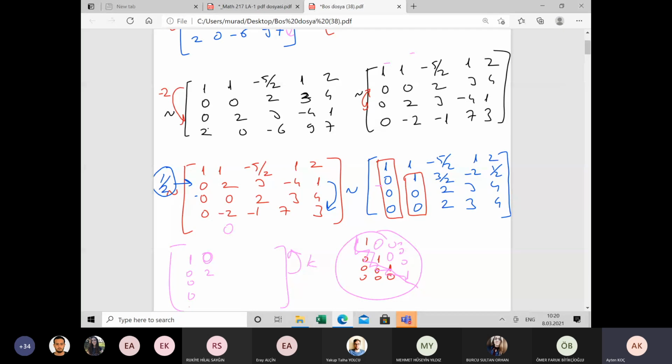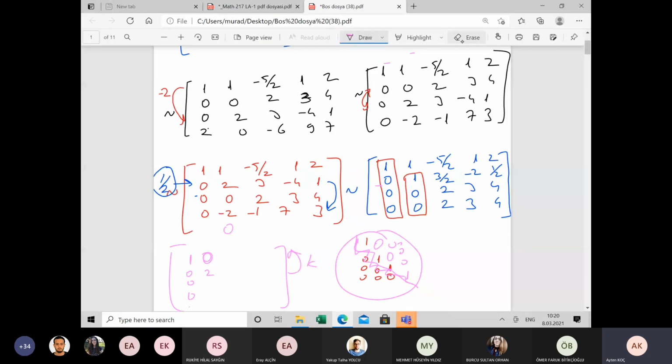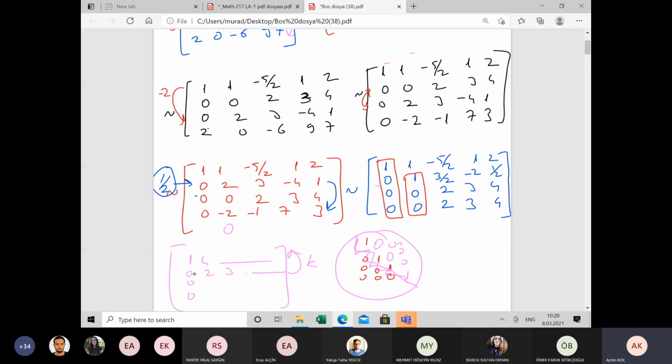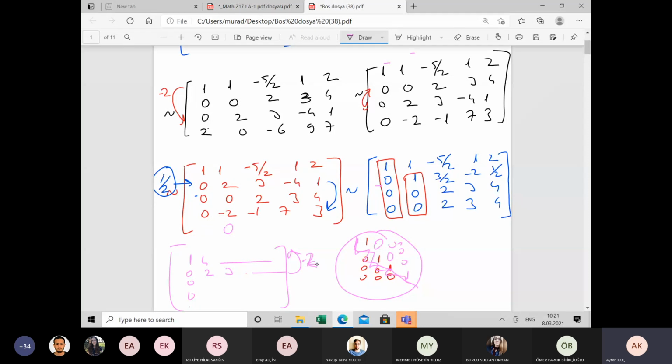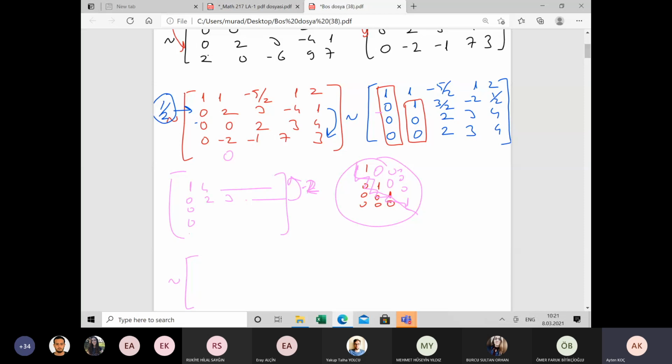For example, this one is 4 3, and so on. And our aim is to get 0 here, multiply by minus 2, and then apply the operation to this one 1 0, this one 0 2 3 and this one 0 0.